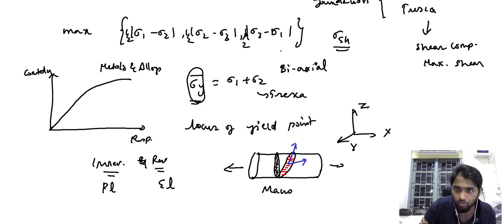So whenever we want to describe the mechanical condition that is experienced by a specific plane along a specific direction, we make use of the Cartesian coordinate system. We make use of frames of reference. This is for the macroscopic consideration.